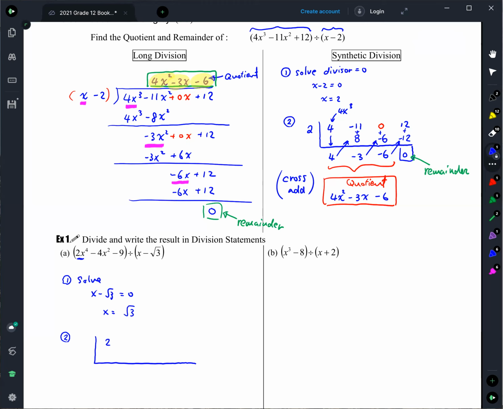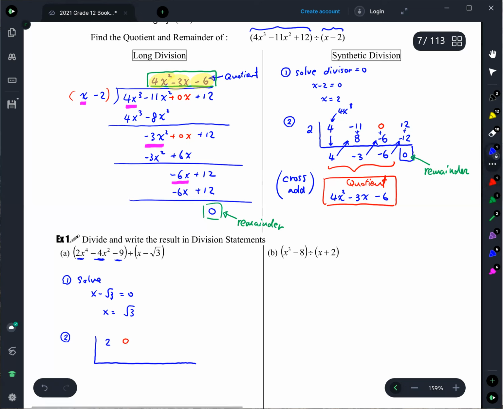It's skipping, and then jumps to x squared, and then there's no x, and then jumps to -9. So there are two terms that are missing. You need to add a 0 for the x cube, a -4 for x squared, and then another 0 for the x, and -9.